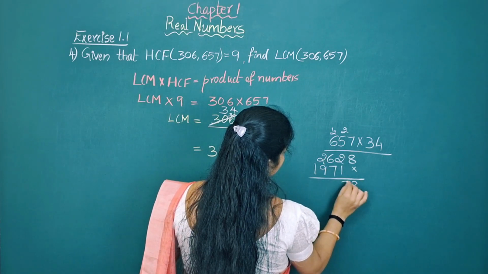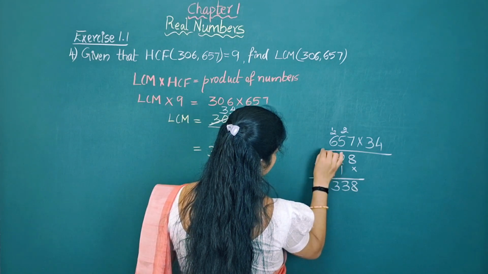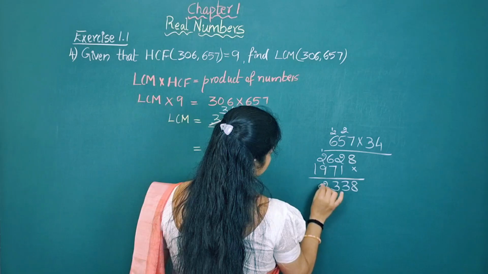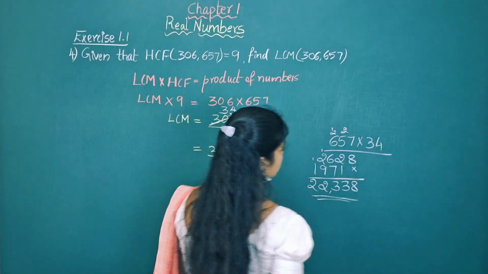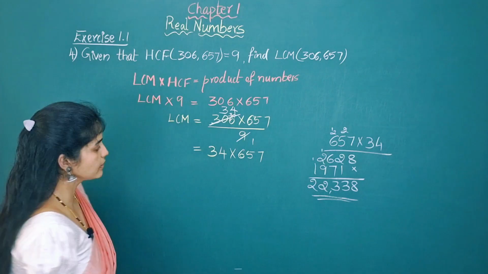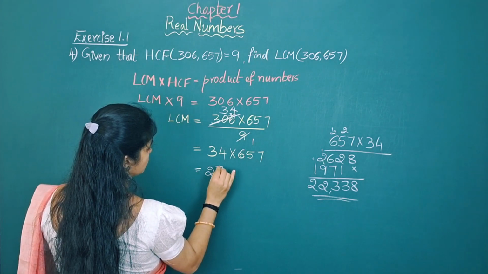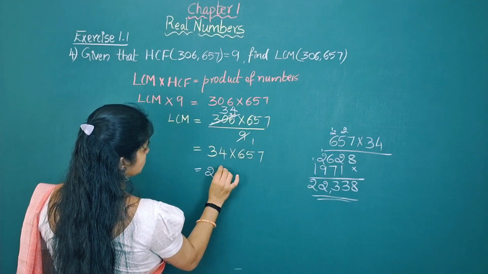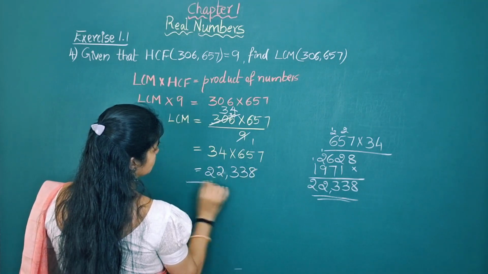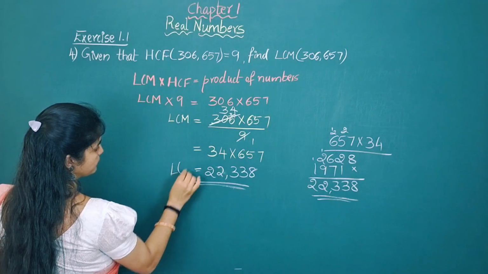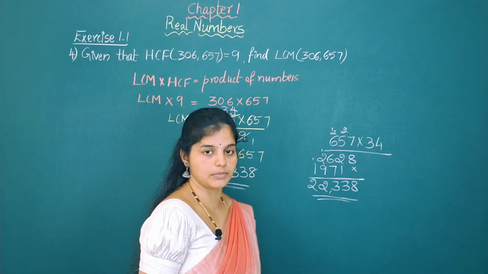Adding 6 plus 7, 13, 10, 12. 22,338 is the LCM of these two numbers. So therefore, we have found out LCM, that is 22,338.